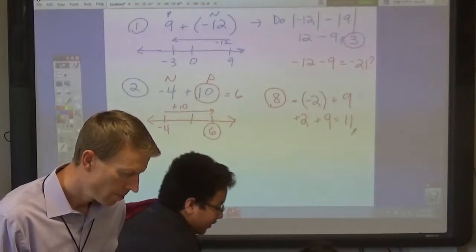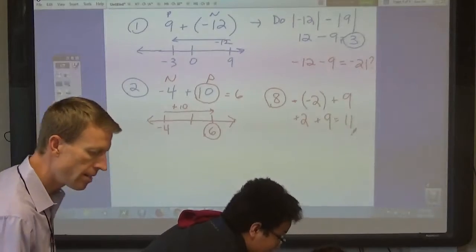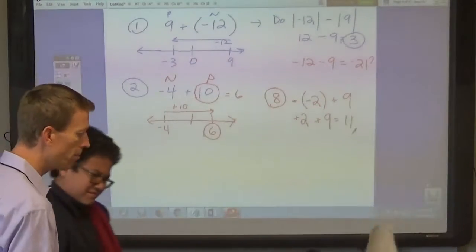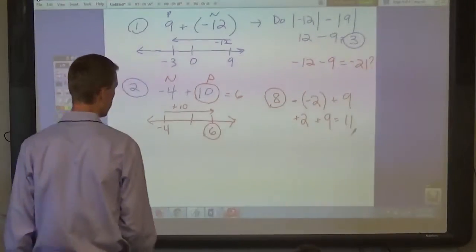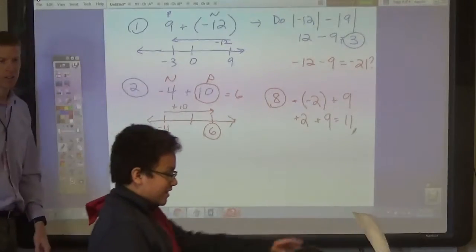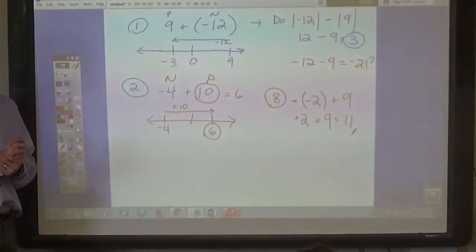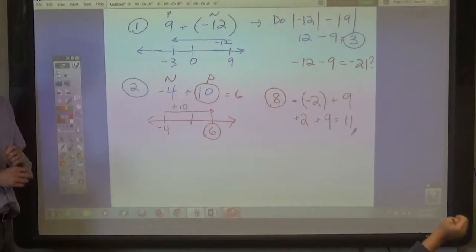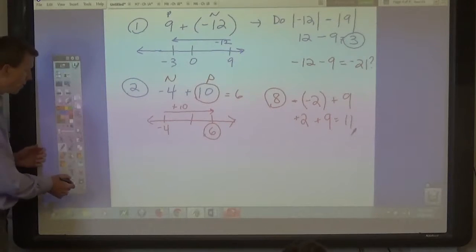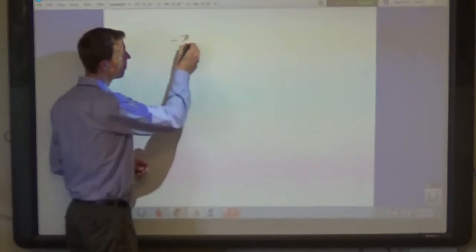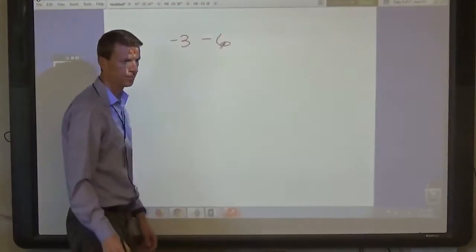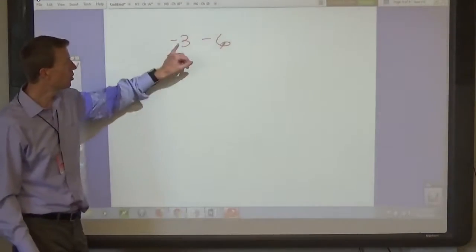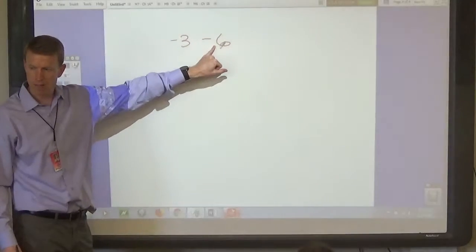Negative 3 minus 6 is negative 3 plus negative 6, and you add. What if they have the same sign? In other words, what if you have negative 3 minus 6? These are two negative numbers, so they have the same sign.